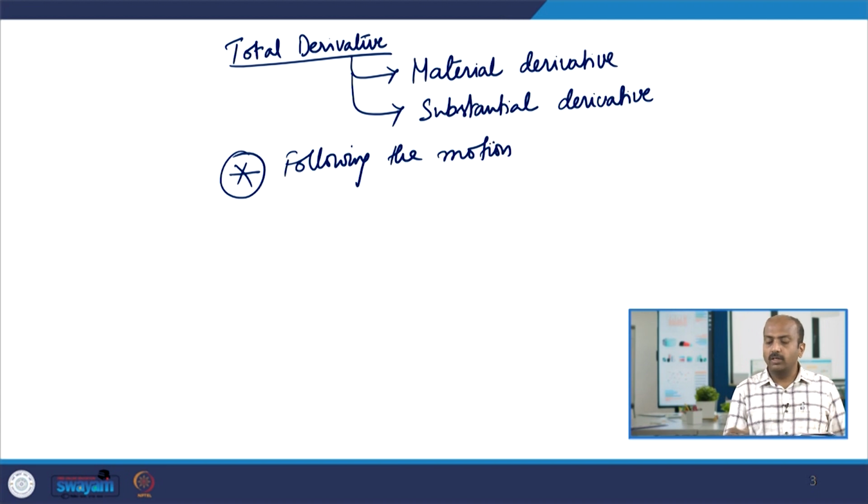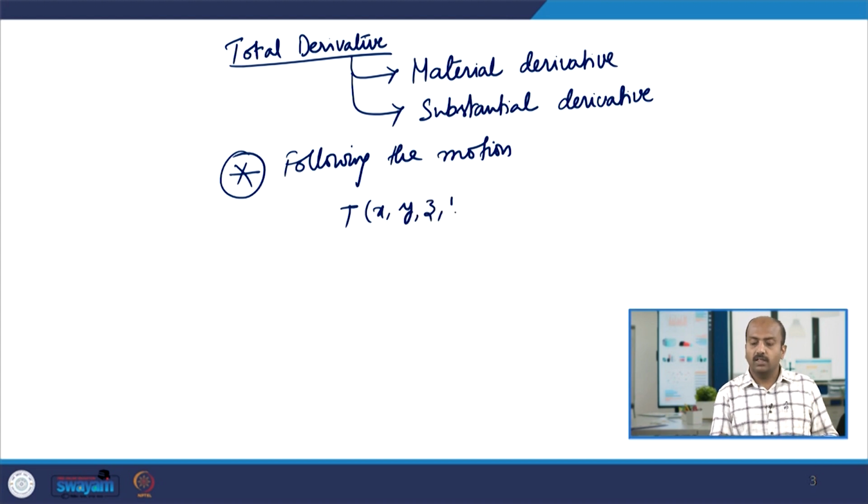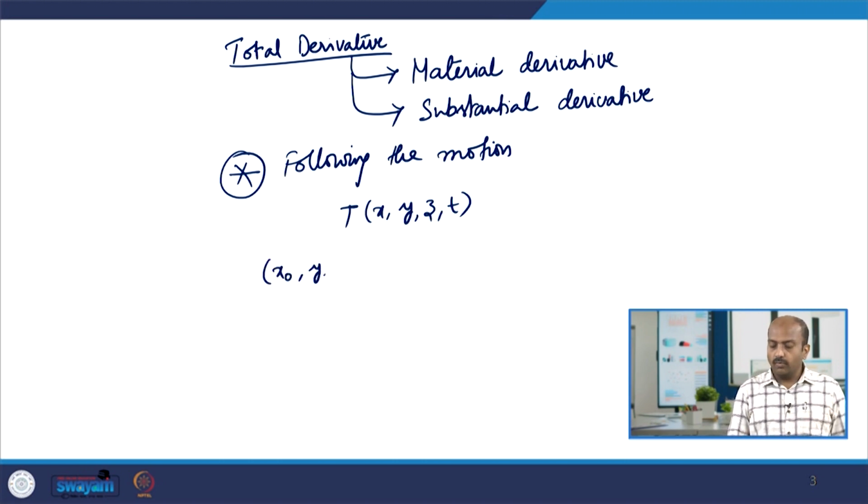Now, the field variable that we have taken in order to understand this is temperature with respect to x, y, z and t, right.